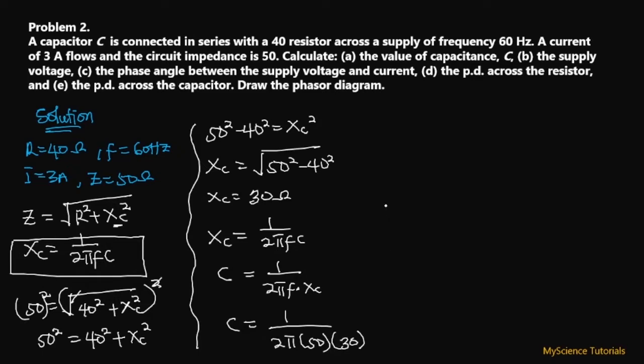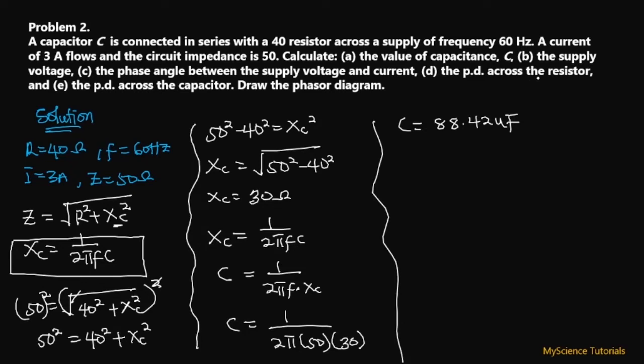If we compute everything in the calculator, we are going to get our capacitance C to be equal to 88.42 microfarad. So this is the value of our capacitance.